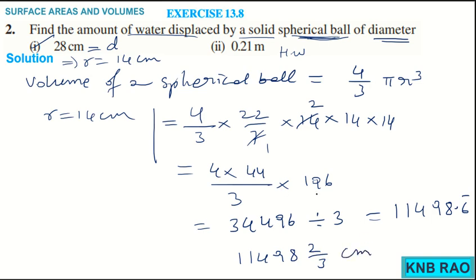Here centimeter is given for us as the radius unit. So, centimeter cube is the volume unit. So, that is it. This is how we solve this question.